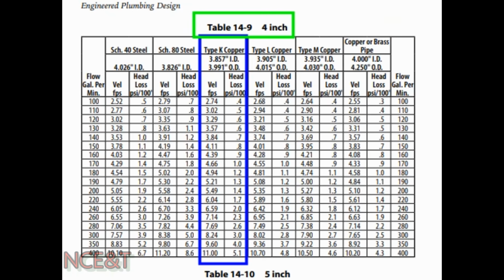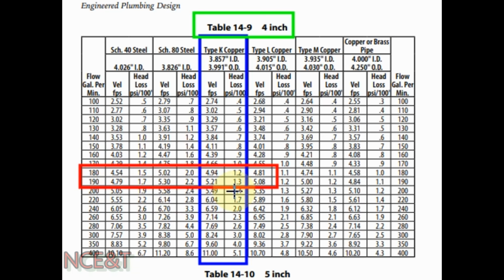For our last pipe segment we have the GPM value 186.72. Let us check if we can select the 4-inch pipe size for it. In this table we can find 180 and 190. So let us select both rows, and we can see for 180 the velocity for copper pipe type K is 4.94, and for 190 the velocity is 5.21.